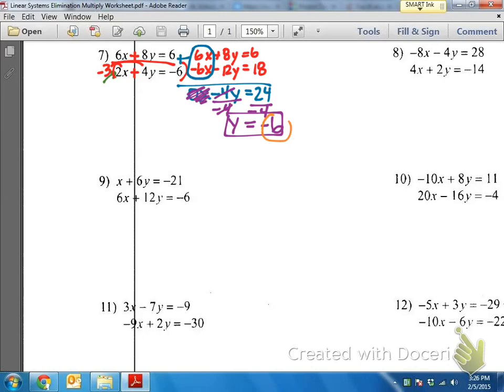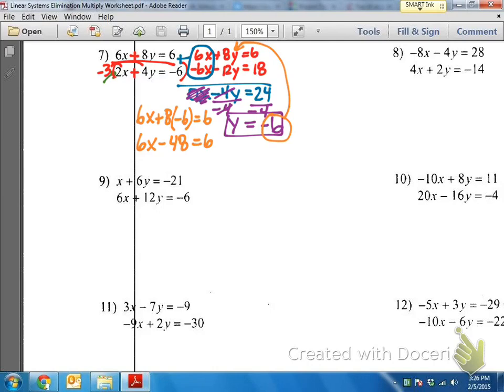We're going to plug negative 6 into any one of these equations. Let's plug it into the top one. So I'm going to have 6x plus 8 times negative 6 equals 6. 8 times negative 6 is negative 48.